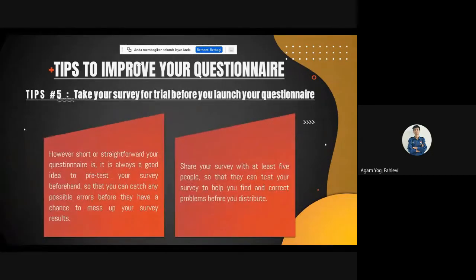And the last, tip 5, take your survey for a trial before you launch your questionnaire. However short or straightforward your questionnaire is, it is always a good idea to pretest your survey beforehand so that you can catch any possible errors before they have a chance to mess up your survey results.